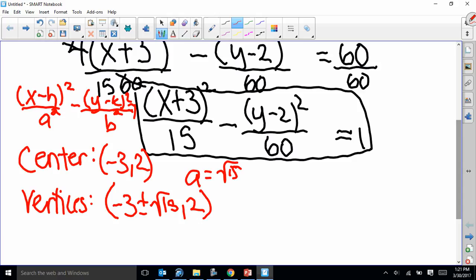Square root of 15 is some decimal, 3.8. So we'll have negative 3 plus 3.8 and negative 3 minus 3.8.